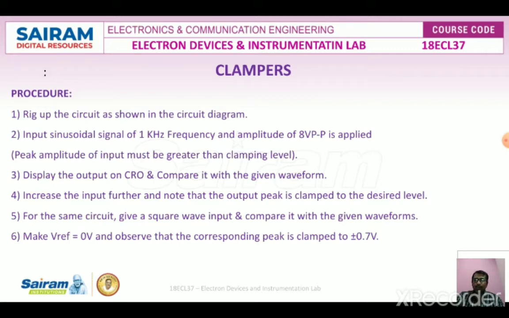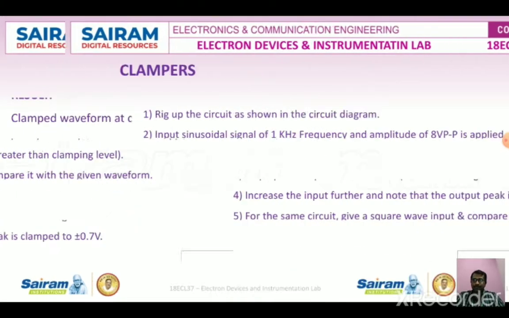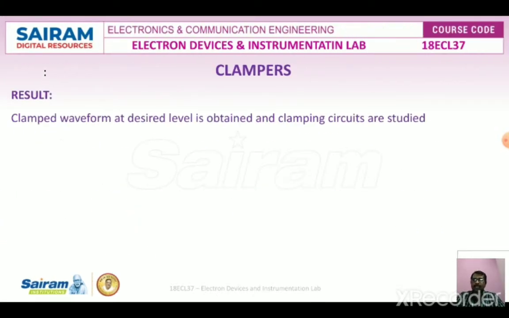Note down that the output peak is clamped to the desired level. For the same circuit, give the square wave input also and compare with the various waveforms. Make V reference equal to 0 and observe the corresponding peak is clamped to plus or minus 0.7. The result is that the clamped waveform at the desired level is obtained and the clamping circuit is studied.